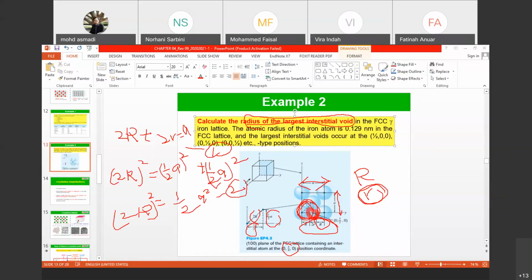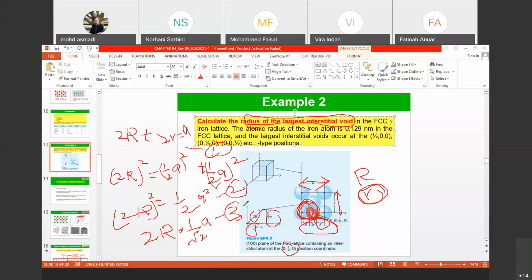So 2R is going to be 1 divided by square root 2, times A. So it's going to be equation number 3.